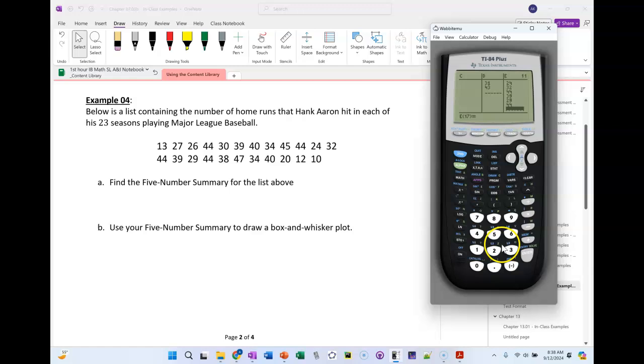This is one where it's punishingly, like, did you get it in your calculator correctly? It's rough. Okay, so I have 23 data points in, said there's 23 seasons, so that looks pretty good.